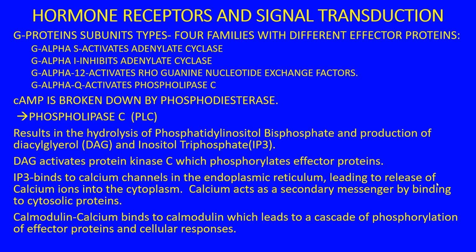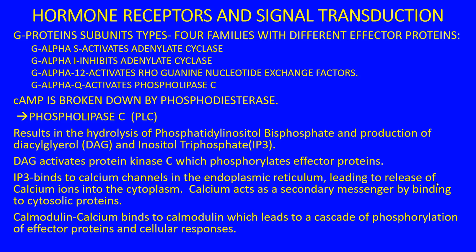Notice this cluster right here. This is the beta gamma. Now, these would be activating adenyl cyclases, ion channels, etc. But it's these 4 families right here that I mentioned to you earlier. Okay? Alpha I, adenyl cyclase turned down, inhibition of cyclic AMP production.